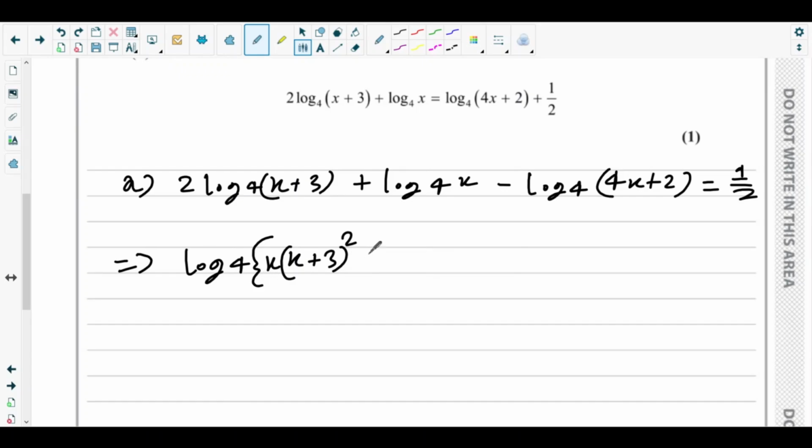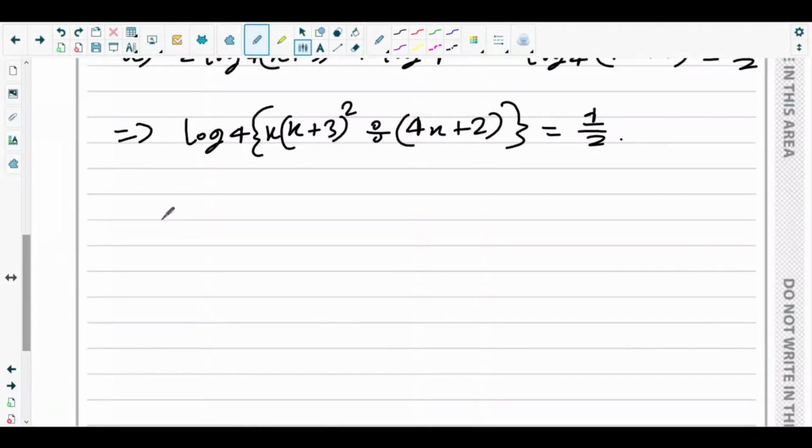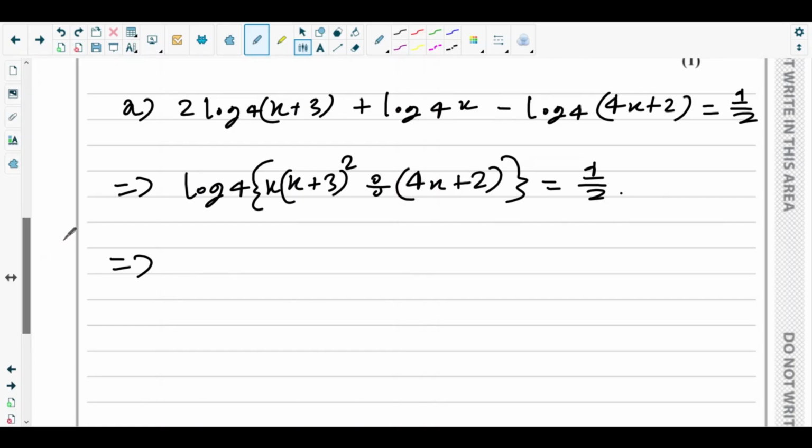So this one divided by (4x plus 2), this equals half. Okay, now what we can do, you can expand the bracket. Okay, before you expand the bracket, use the laws of logarithms.